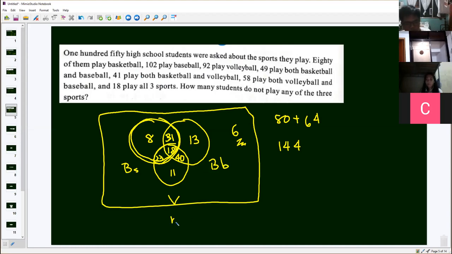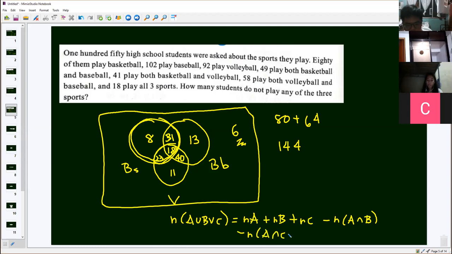Yung formula, the formula for the total, union of 3 is simply NA plus NB plus NC minus intersection ng 2 at a time, minus intersection ng 2 at a time, and then isa naman is last pair, and then plus the intersection of the 3.